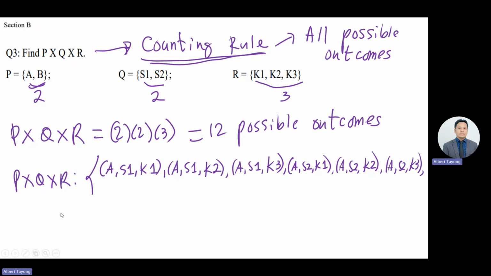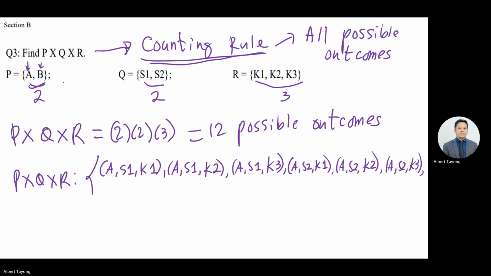Okay, so AS1 and then K1, AS1, K2, AS1, K3. Here we just changed our S1 to subject 2. Then K1, AS2, K2, AS2, K3, and then use the B.